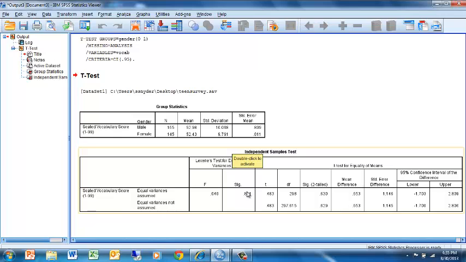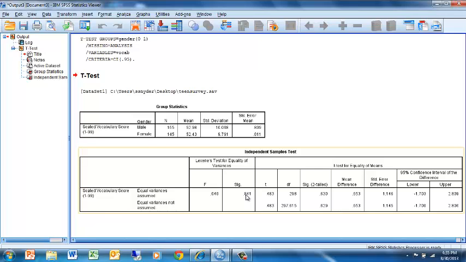The first thing that we see within this test is the test for homogeneity of variance. This is a critical assumption, and since the significance level here is greater than 0.05, we do not reject the assumption of homogeneity of variance.